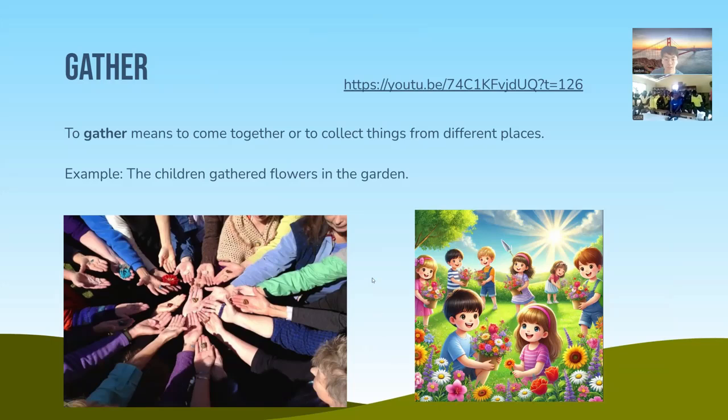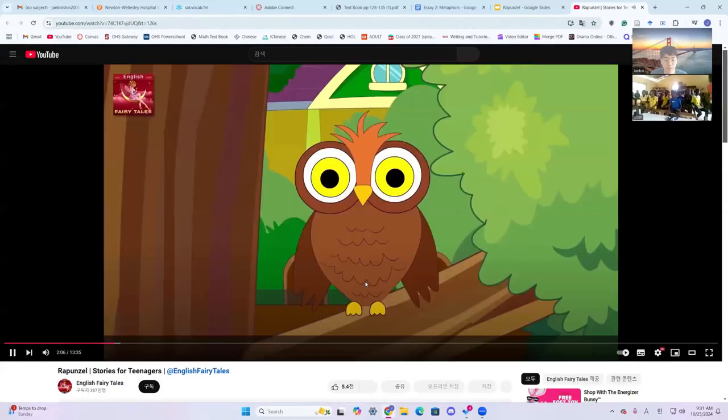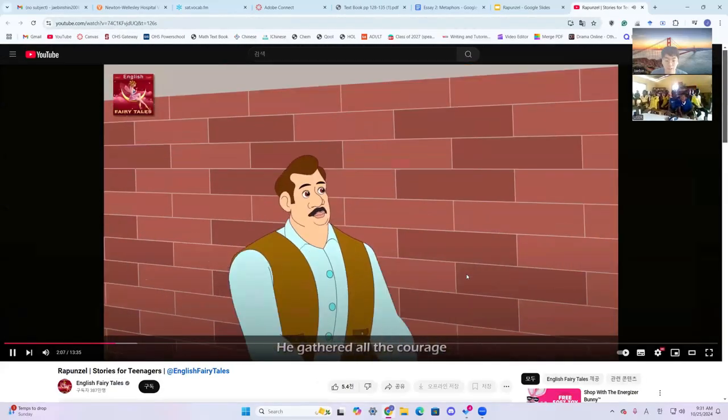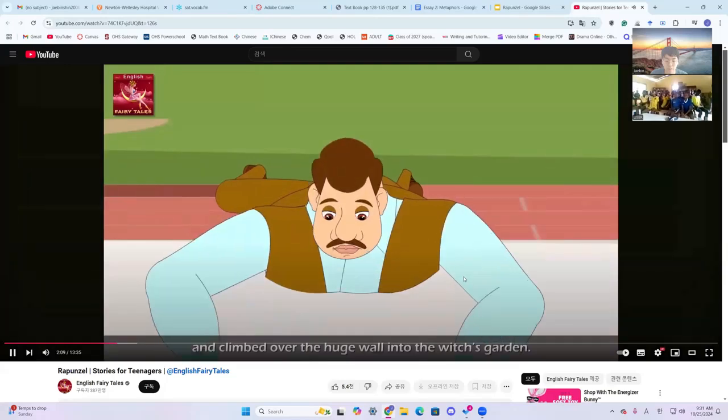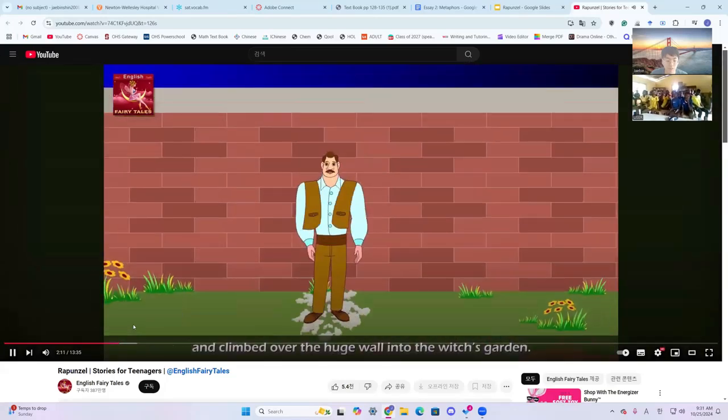You can see how the children are gathering flowers, and on the left picture you can see that they gathered some sort of seed. Again, to gather means to come together and collect things from different places. This is how it is used in the story: he gathered all the courage and climbed over the huge wall into the witch's garden.